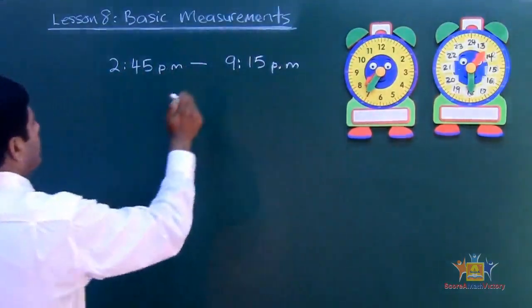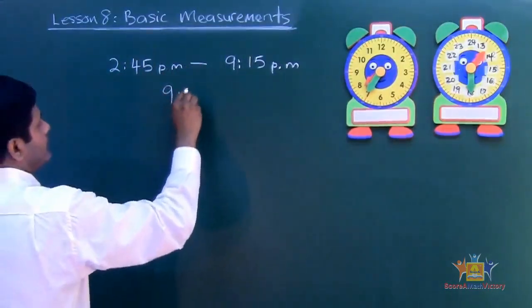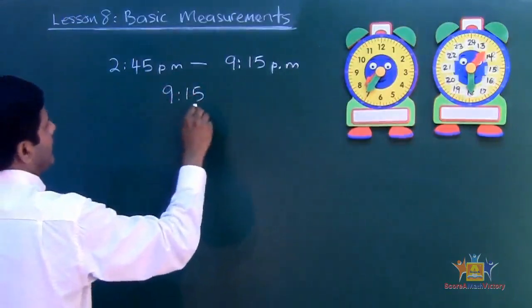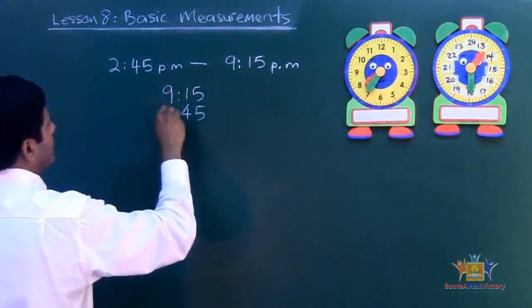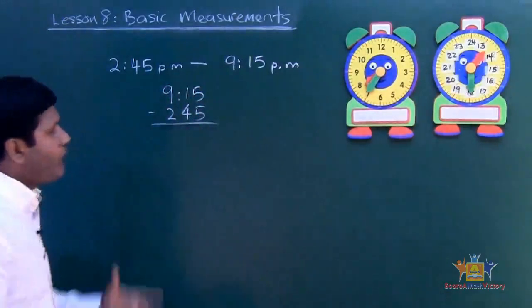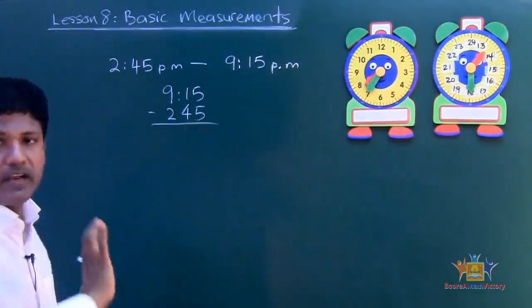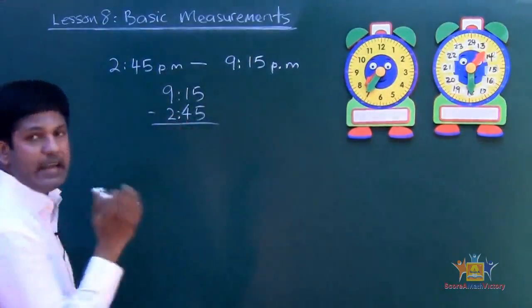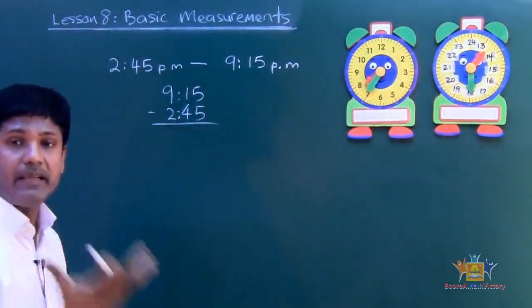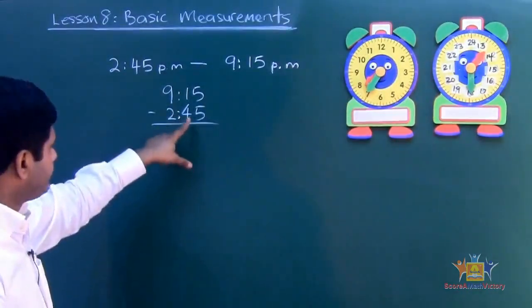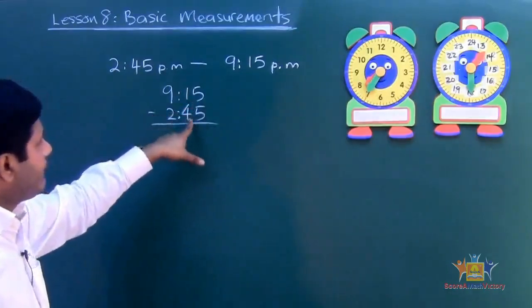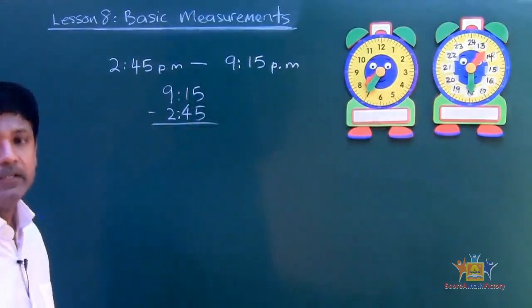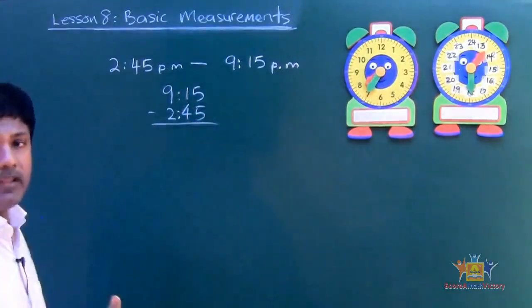I take the big number and put it first, and then line up the small number. Very important, lining them up. Now I subtract, always starting from the very right. Be careful, this is not the number system. This is an hour, time system. 15 minus 45, you can't, so you have to borrow from the hour.